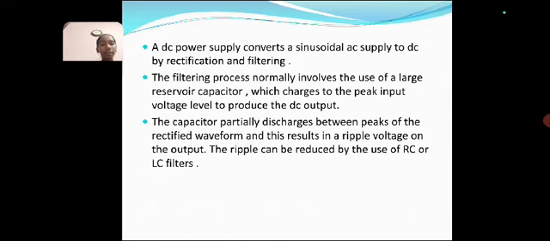The capacitor partially discharges between peaks of the rectified waveform, and this results in a ripple voltage on the output. The ripple can be reduced by the use of RC or LC filters.